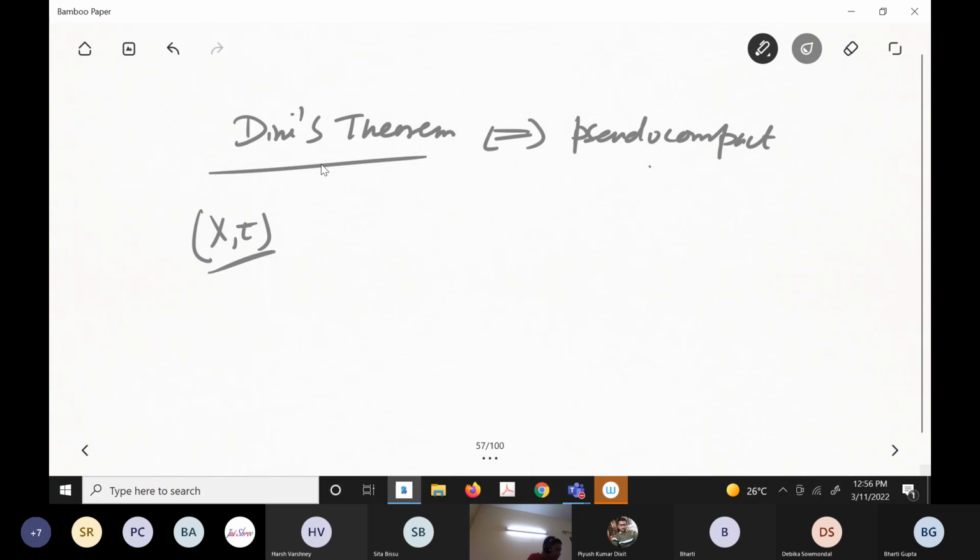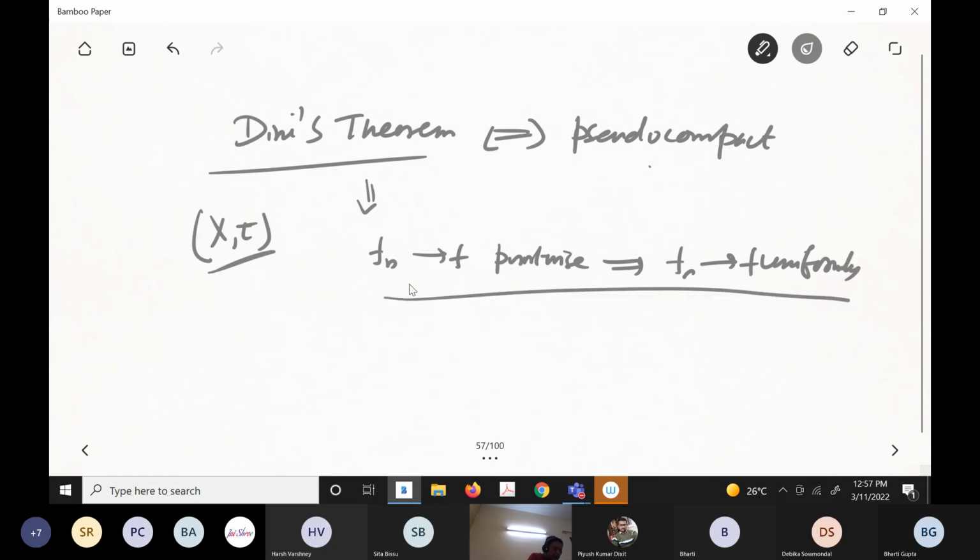On the other hand, suppose you have this condition that whenever a monotone sequence of functions Fn converges to F pointwise, it implies Fn converges to F uniformly. Suppose this is your hypothesis, then it can be proved that the space has to be pseudo-compact. So pseudo-compactness can be characterized in terms of Dini's theorem.